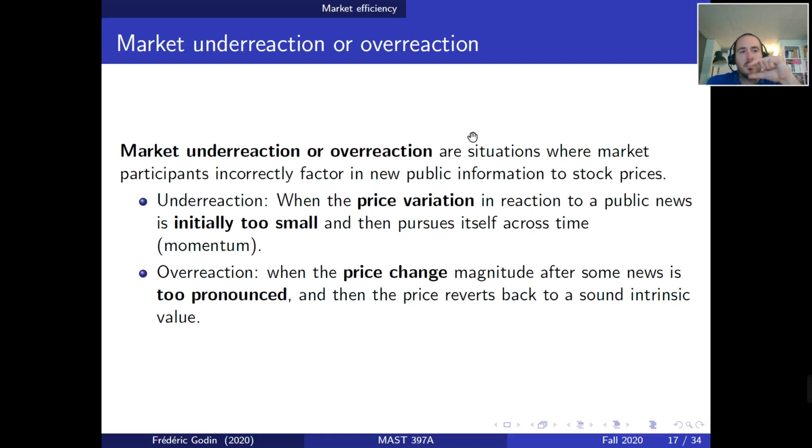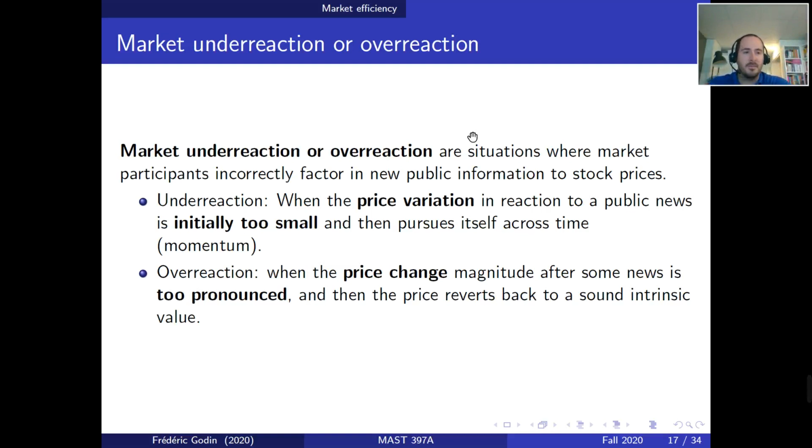The initial reaction might be too small, and because of that, the entire reaction will be spread through time. So when the news goes out, there's a small movement, but this movement will continue over a few days or a few weeks due to the initial reaction, which was not sufficient in magnitude.